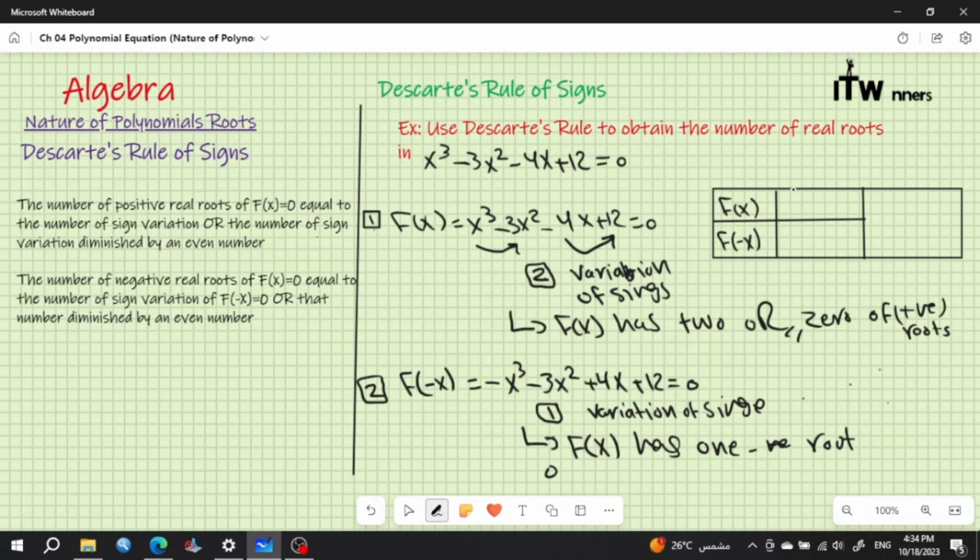So f of x has 2 or 0 positive roots, and f of negative x has 1.